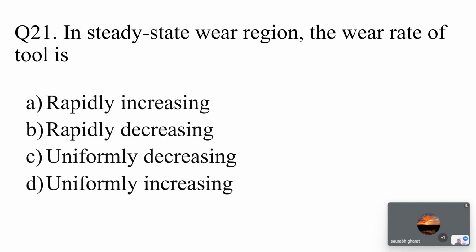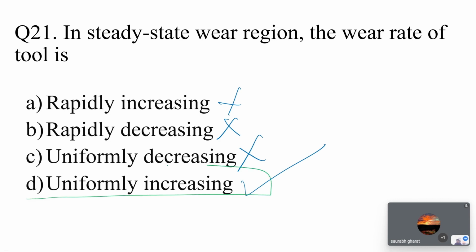In the steady state region, is the rate of tool wear rapidly increasing, or uniformly decreasing? Not so, it is uniformly increasing. This is the correct answer. Is it increasing, and uniformly also? Both the words are important.